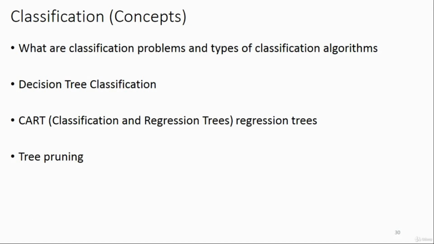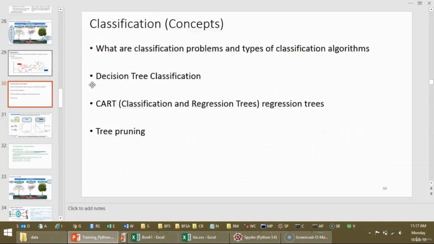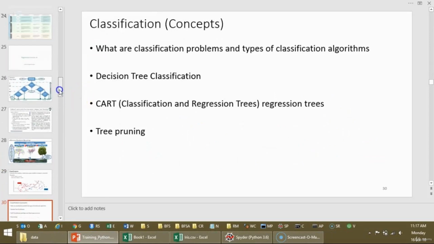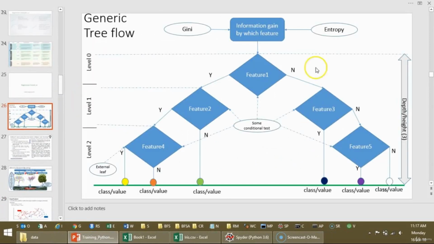I hope you can recollect the slide where we gave a brief overview of how the tree structure really works. Here, whenever the outcome is a class, that becomes the classification problem.